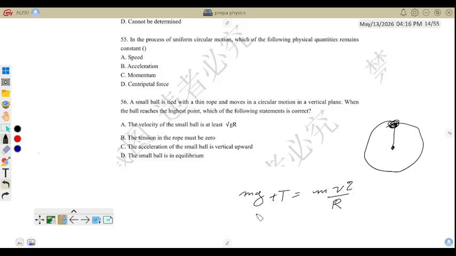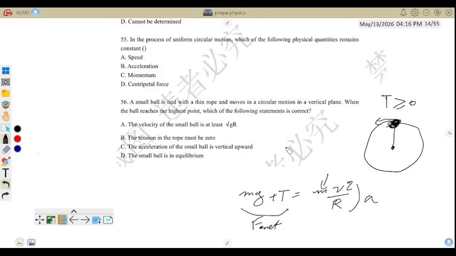This is the net force, from Newton's second law, equal to m times the acceleration. So at the top position, in order for the ball to keep its motion, T must be greater than or equal to 0.